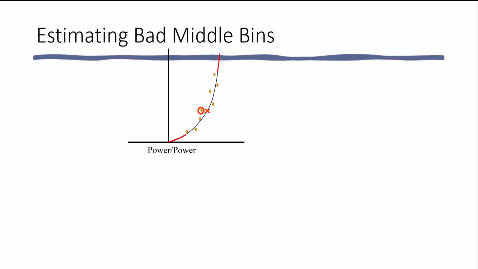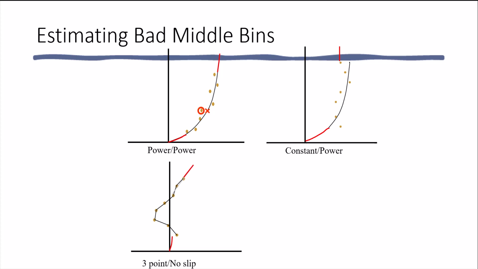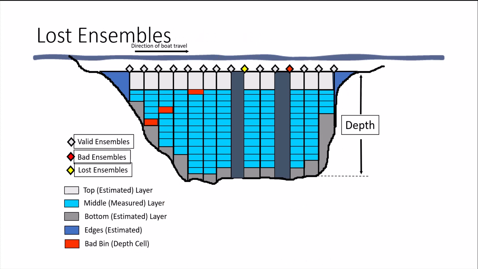If, however, the bottom extrapolation method is set to no slip, a linear interpolation method is used. Therefore, if this point were bad, it would be interpolated to have this value. Thus, how bad bends in the middle of a profile are handled depends on the extrapolation method used for the bottom. Now, let's look at lost ensembles.